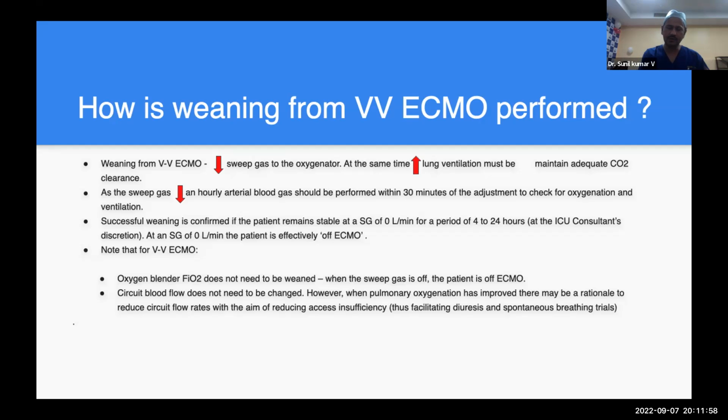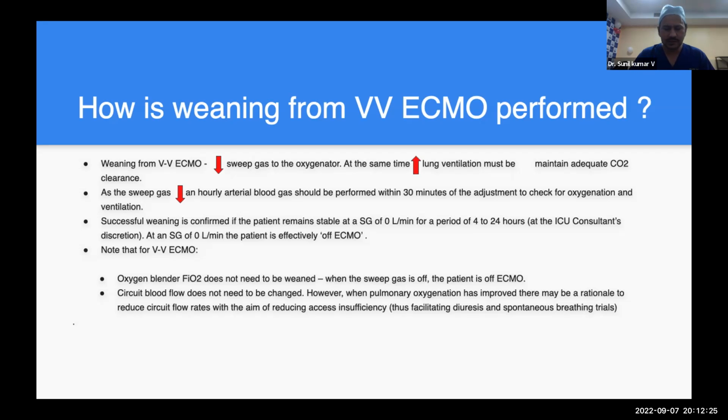Some people think at 4 hours itself they'll try to wean and decannulate the patient, and some institutes wait till 24 hours. Note that in VV ECMO, the oxygen blender FiO2 need not be weaned. As the sweep gas is off, the patient is off ECMO.